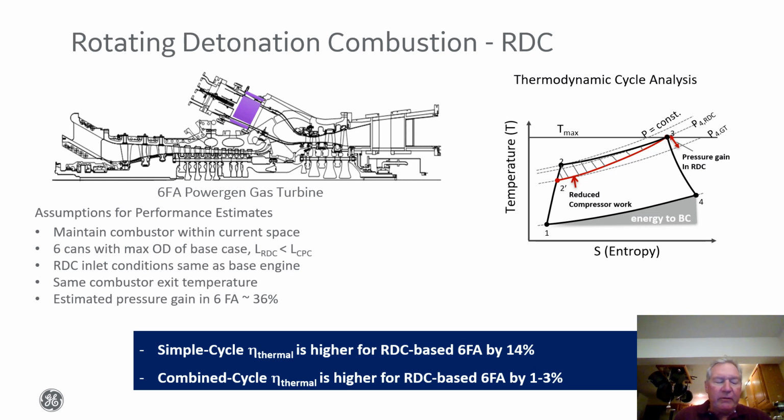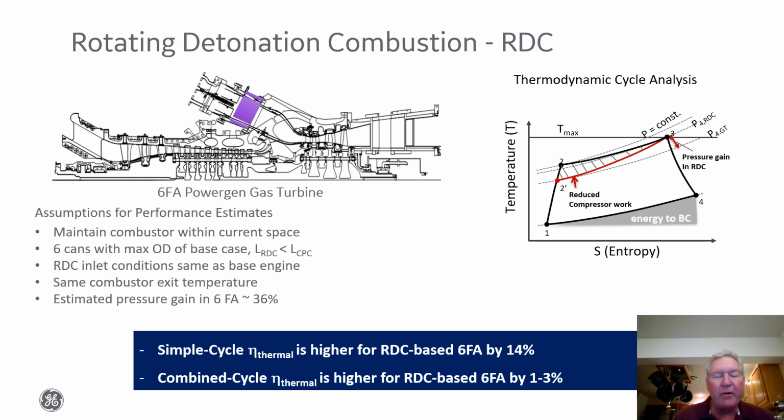Another area of interest and of great research activity over the last 5 to 10 years has been incorporating detonation combustion in turbine engines. So here's an example of where we could envision using a rotating detonation combustion system in a power gen gas turbine.